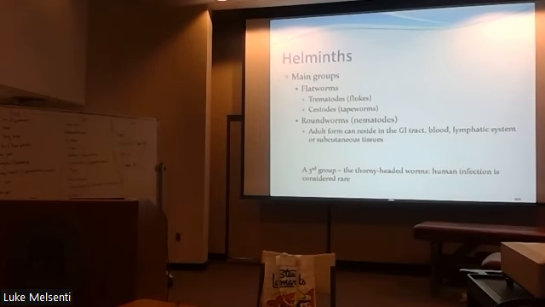So memorize this. There are two main groups: flatworms and roundworms. Of the flatworm category, there are two subclasses, trematodes and cestodes. Of course, trematodes can also be called flukes, and cestodes can also be called tapeworms.